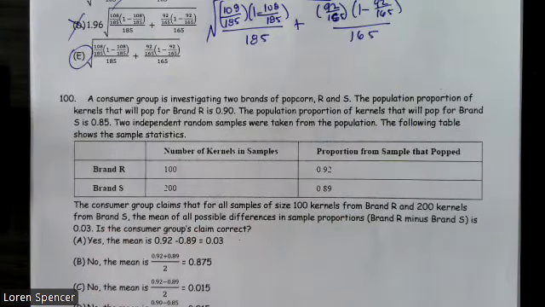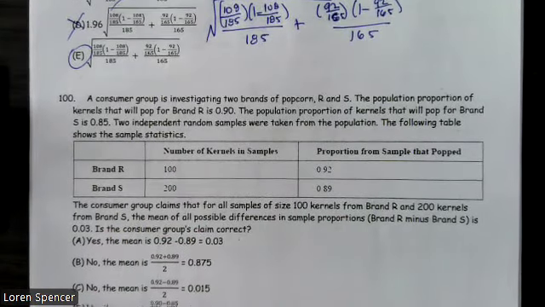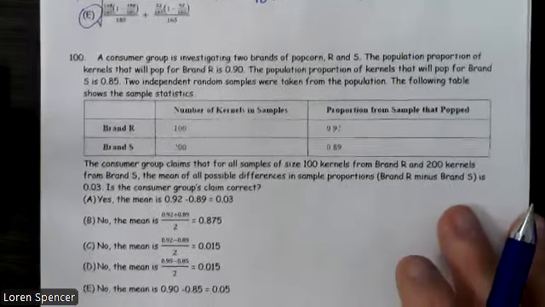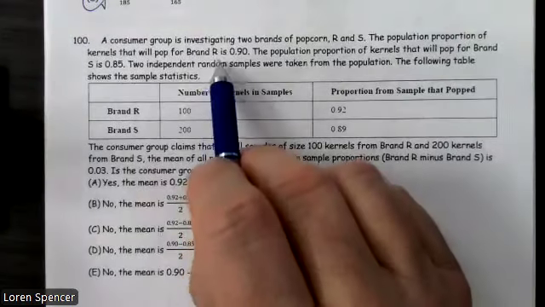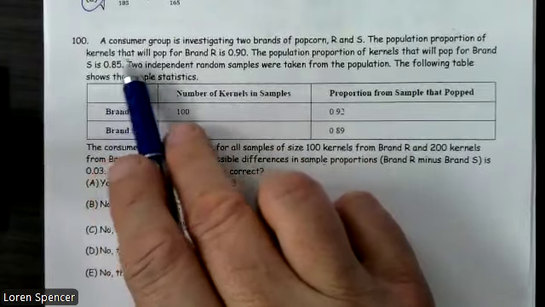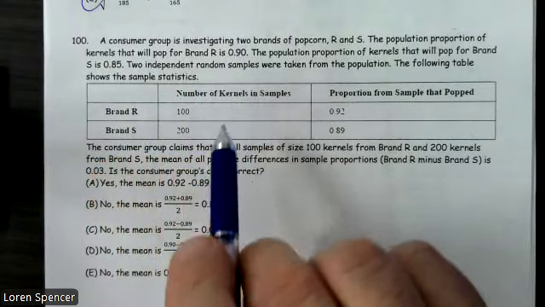All right, moving on to 100. A consumer group is investigating two brands of popcorn, popcorn R and popcorn S. The population proportion of kernels that will pop for brand R is 0.9. So the current kernels that pop for brand R is 0.9.